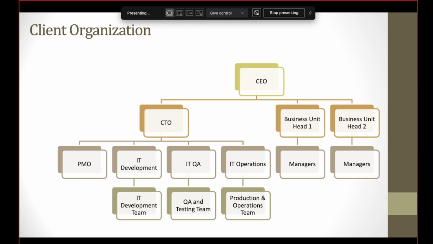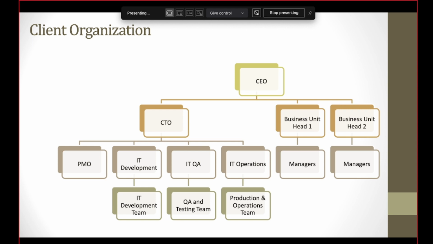He will be responsible for setting up a PMO, called Project Management Office, and he will have IT teams under him, which comprise different architects, IT development teams, advisors, QA teams, and IT operations to manage the already existing applications, troubleshooting any defects arising when the real users are using them.